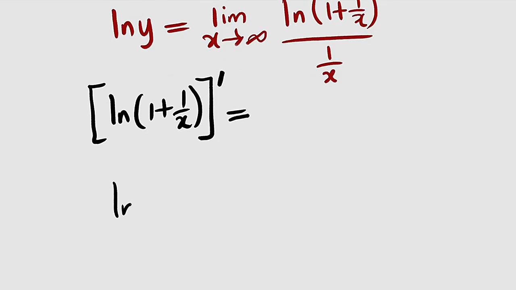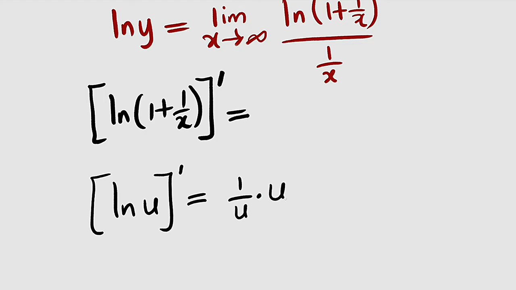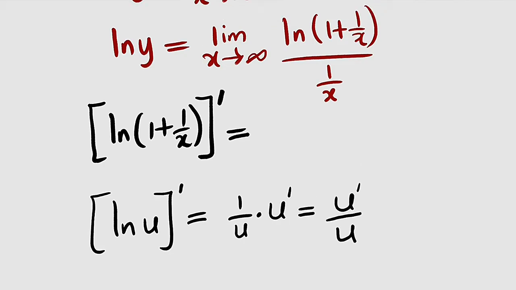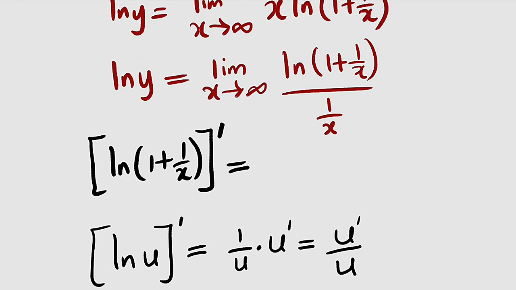If you wish to differentiate natural log of u, this is the same thing as 1 divided by u but multiplied by the derivative of u. This is equal to u prime divided by u. This means that we are going to differentiate the inner function, which is 1 + 1/x, then we divide by 1 + 1/x.